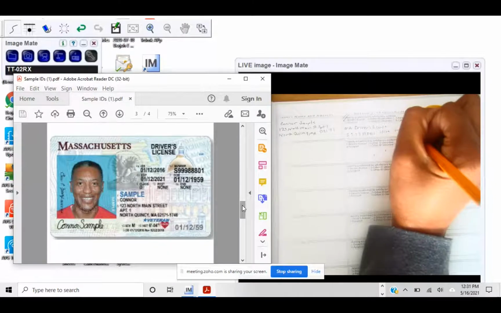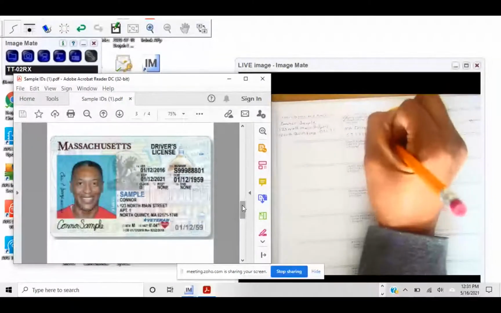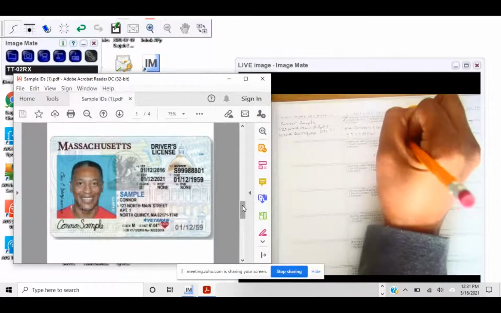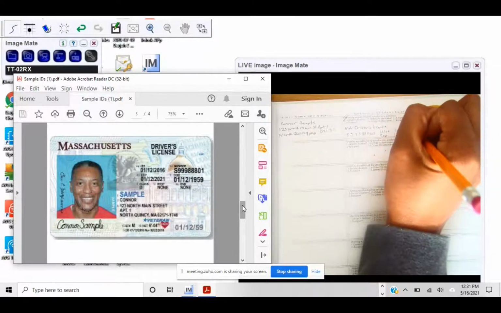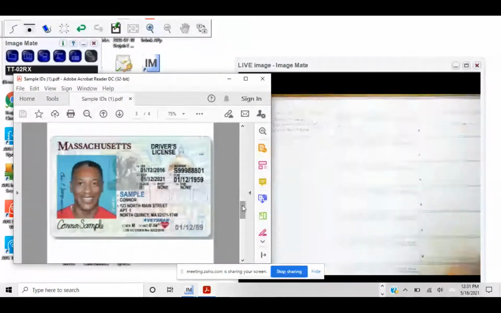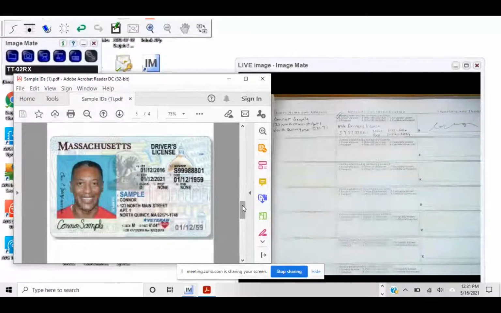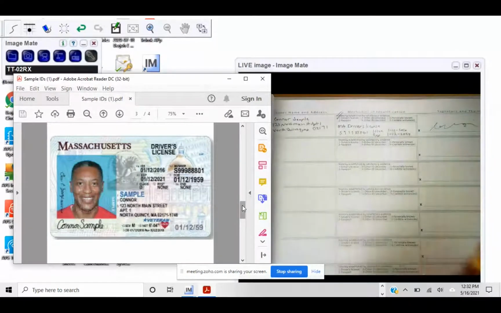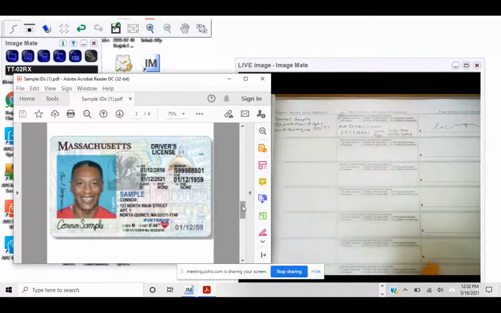And then we're going to have expiry date, and I told everybody to make sure they put everybody's ID expires 2024 because I wasn't able to find any valid IDs for this sample. Are you guys able to see where I filled out the journal entry? Yes, you definitely want to include the identification information in there.